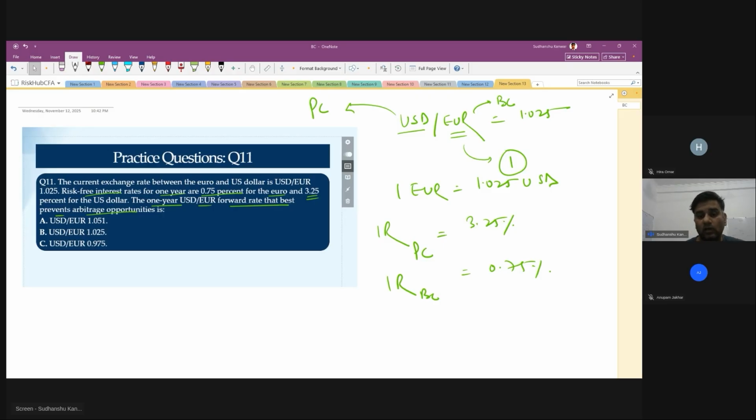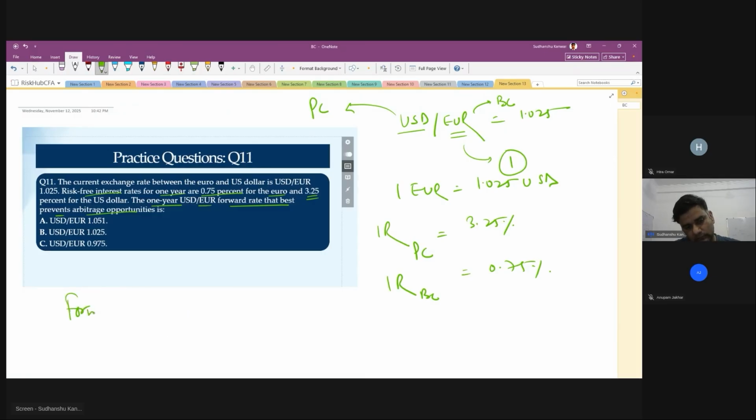How do you solve it? Very simple. I don't think you need to worry too much, because the formula gives you a clear idea. Forward by spot equals 1 plus interest rate of price currency divided by 1 plus interest rate of base currency. If you have that formula, I think that will help you.